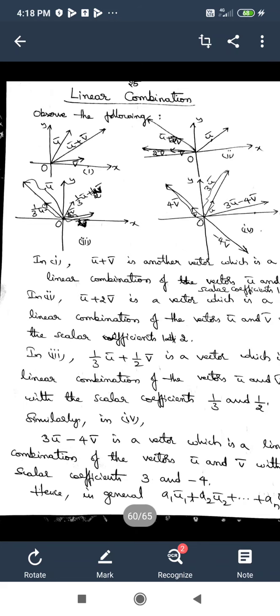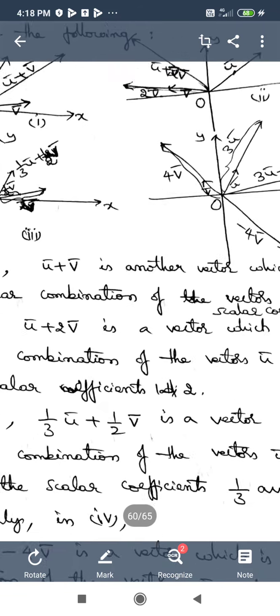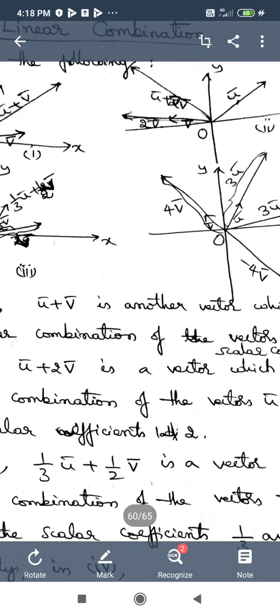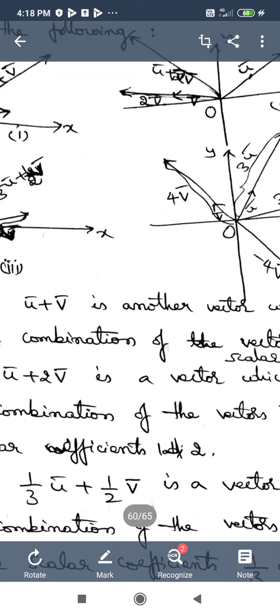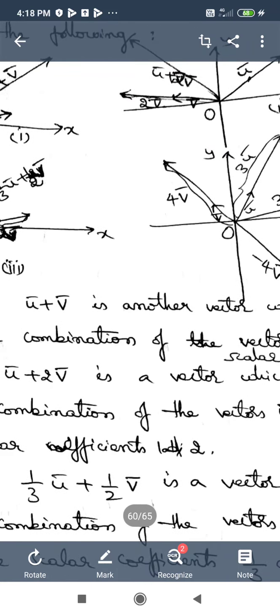So in the second figure, the resultant vector which is obtained by adding u bar and 2v bar is u bar plus 2v bar, and this I am now calling with a new word, linear combination, and I am saying that it is the linear combination of u bar and v bar where the scalar coefficients are 1 and 2. 1 is for u bar and 2 is for v bar.